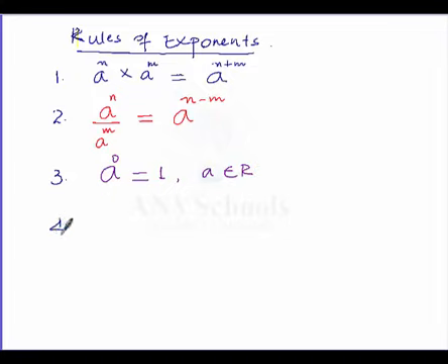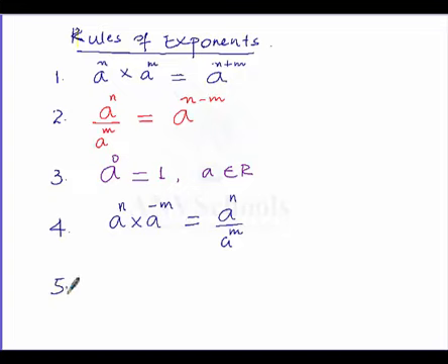The other rule is, if you have a to the n multiplied by a raised to negative m, this is the same as a raised to n divided by a raised to m.